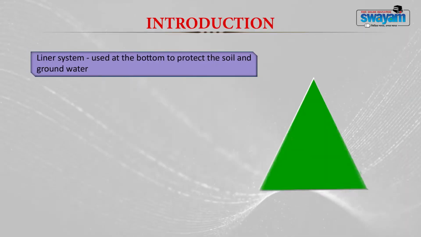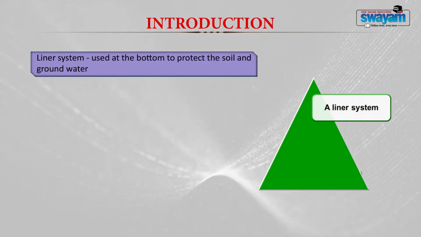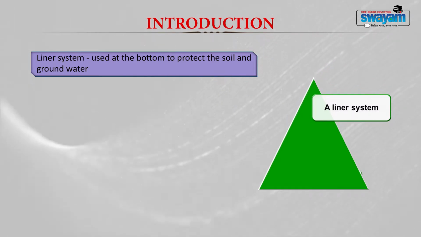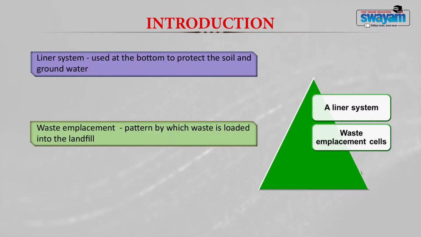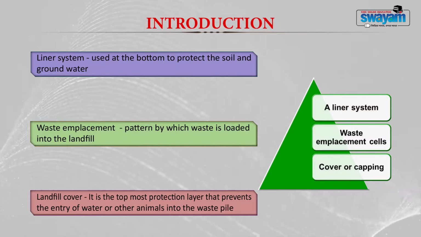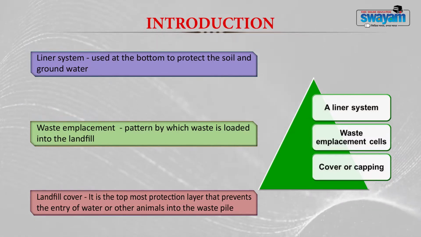It consists of three components: the liner system, which is laid at the bottom and at the sides, keeps the waste away from the soil and groundwater. The waste emplacement, again as I told you earlier, is the pattern by which the waste is loaded onto a landfill. Finally, the landfill cover protects the waste from the entry of water and animals into the waste pile. This figure shows what a landfill actually looks like.